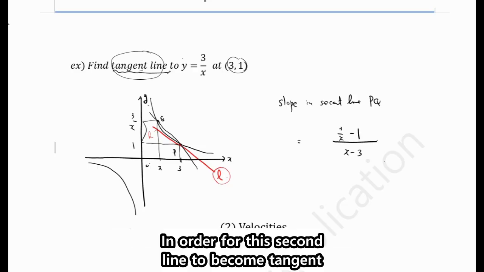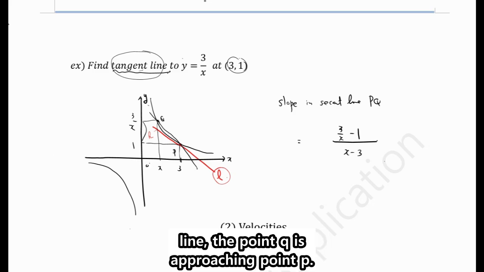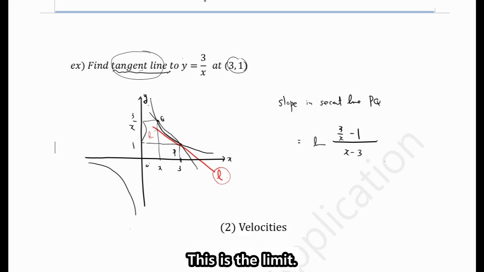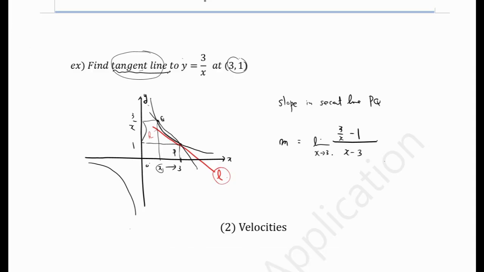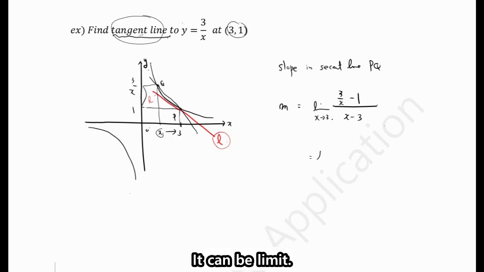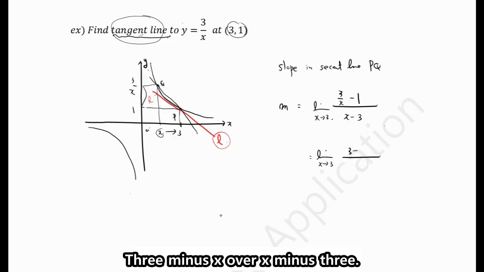In order for this secant line to become the tangent line, the point Q is approaching point P. This is the limit as x approaches 3, and this is the slope of the tangent line. So it is the limit as x approaches 3 of (3 minus x) over x, over (x minus 3).